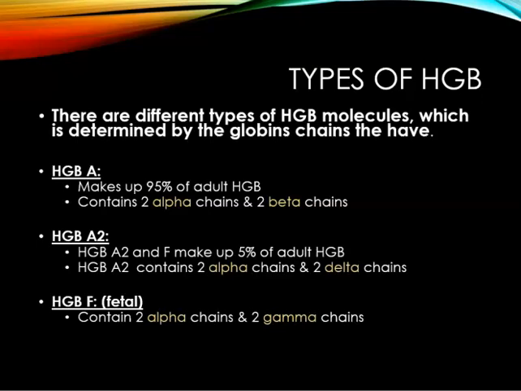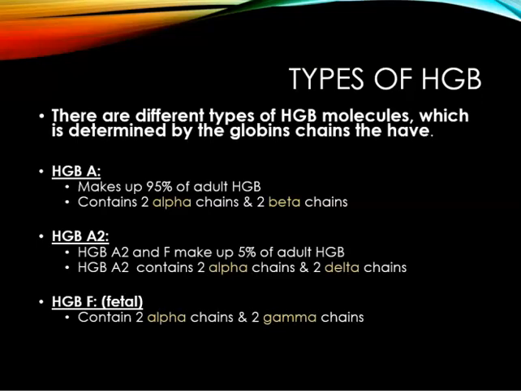What makes one hemoglobin one type versus another type? There are different types of hemoglobin molecules because they have different globin chains. Remember, the globin chains are made up of different amino acids, and amino acids make up a protein, so the globin chains are proteins. So ultimately, hemoglobin is a protein.